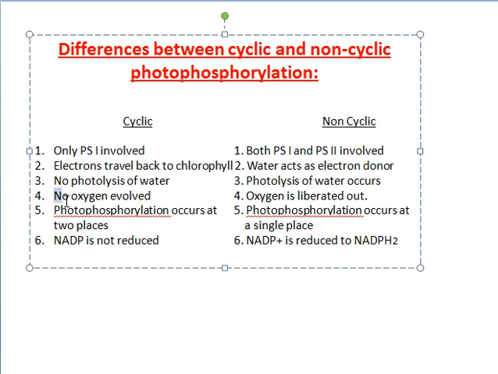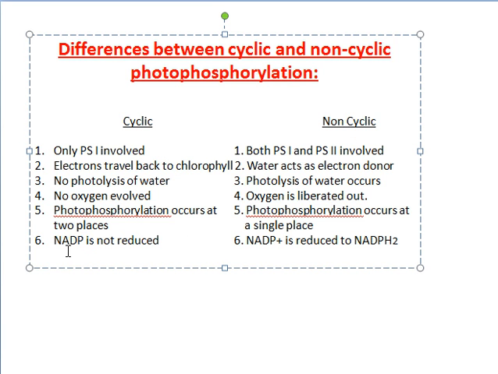Then no oxygen is evolved because there is no photolysis of water, and because in non-cyclic photophosphorylation photolysis occurs, thus oxygen is also liberated out. Then, as I've discussed, photophosphorylation occurs at two places during cyclic photophosphorylation, while it occurs only at a single place during non-cyclic photophosphorylation.